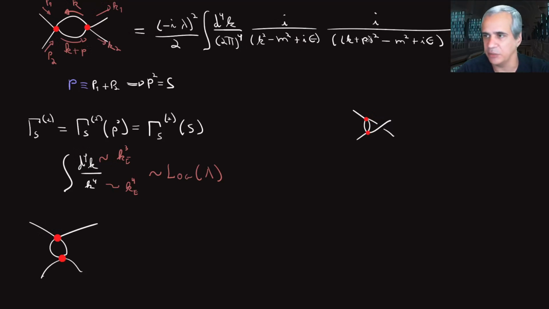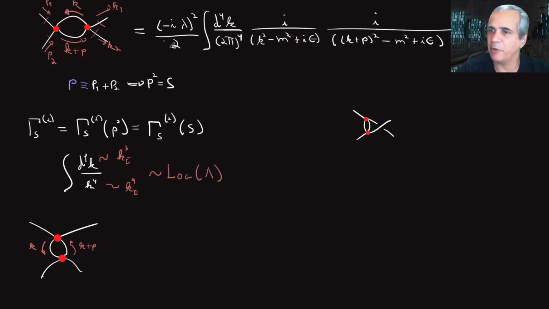They enter through this combination, but not directly because these external propagators are not included in the 1PI function, right? So it's the same definition for them, but now I have to define the loop, which I'll define like this: k going down and k plus p going up.